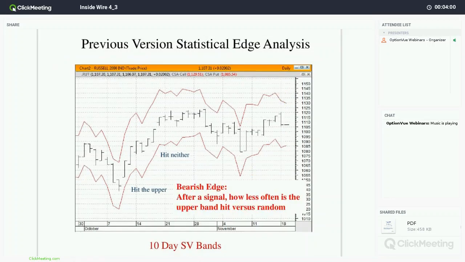Likewise, on a bearish signal, we would expect the upper band up here to get struck less often historically when that signal fired. So how much less often is the upper band struck?